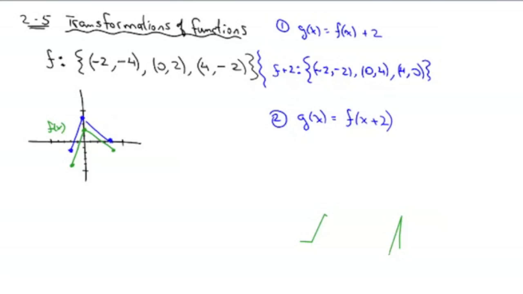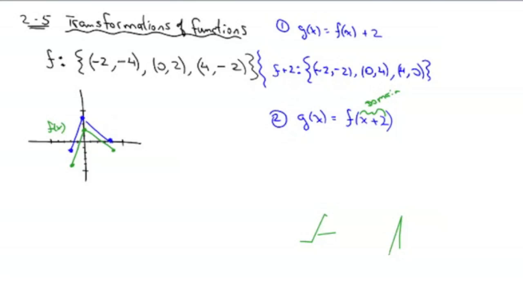So where one of the plus 2's was on the outside, number 1, this plus 2 is on the inside. That's kind of how you want to phrase it. And when it's on the inside, what is this piece called of the function? Is it the range? No, it's the inside part. This is the domain. So that's going to affect the domain of this function.